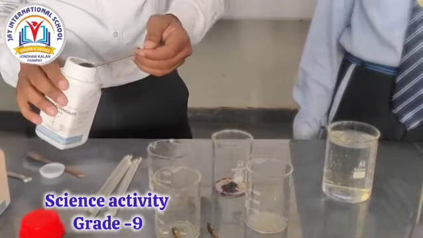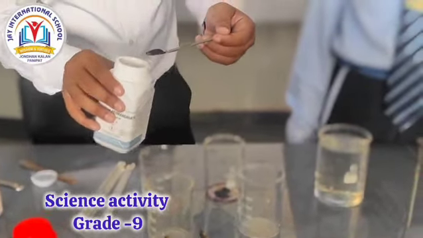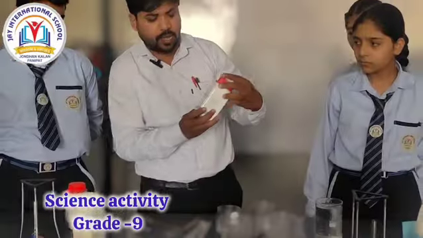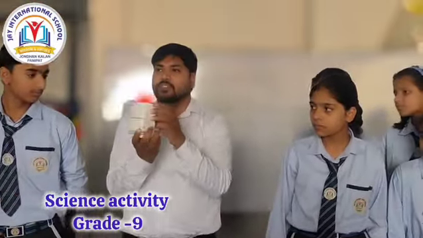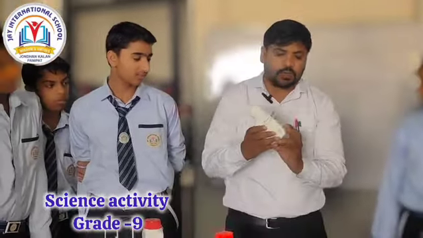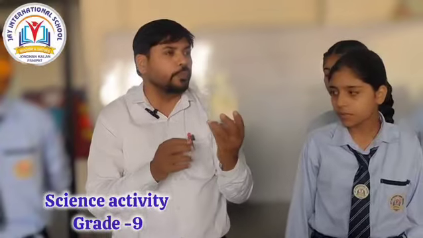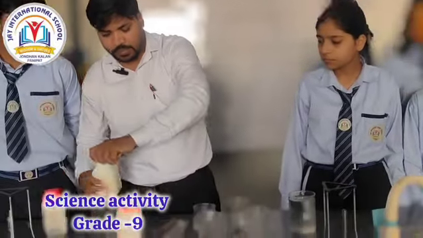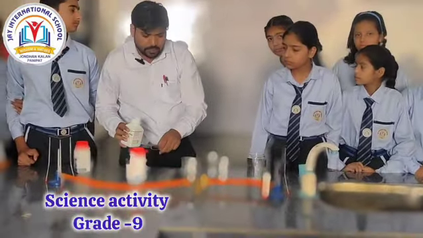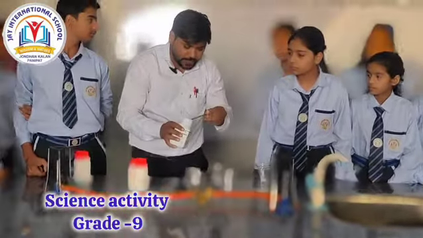In another beaker also, we use one spatula of potassium permanganate. And now we use copper sulfate in the other 2 beakers. This is copper sulfate. We add one spatula of copper sulfate.